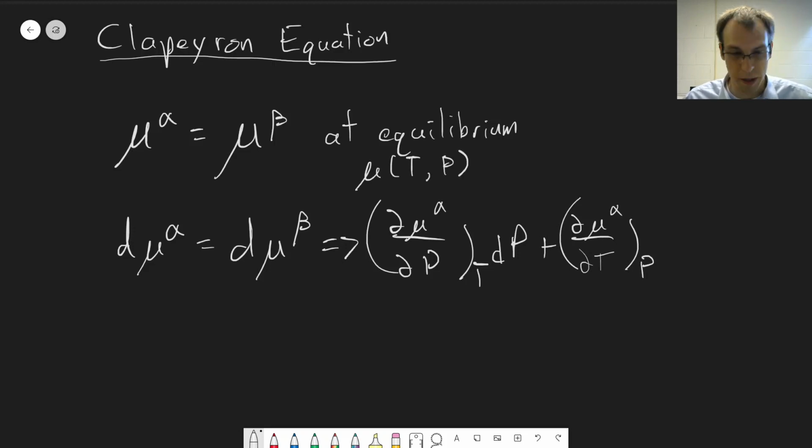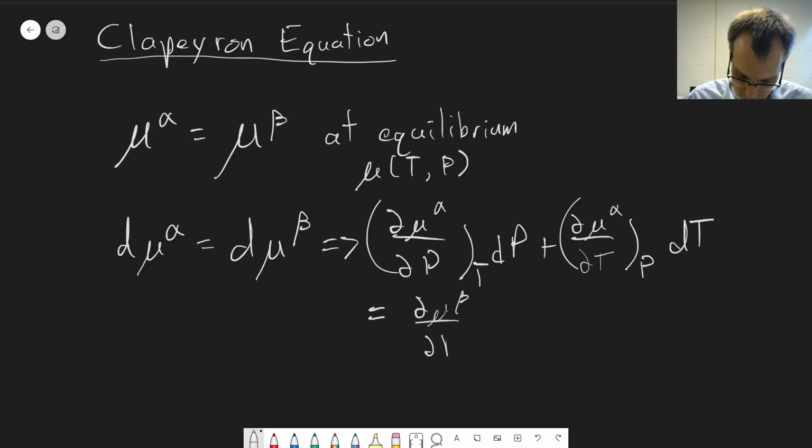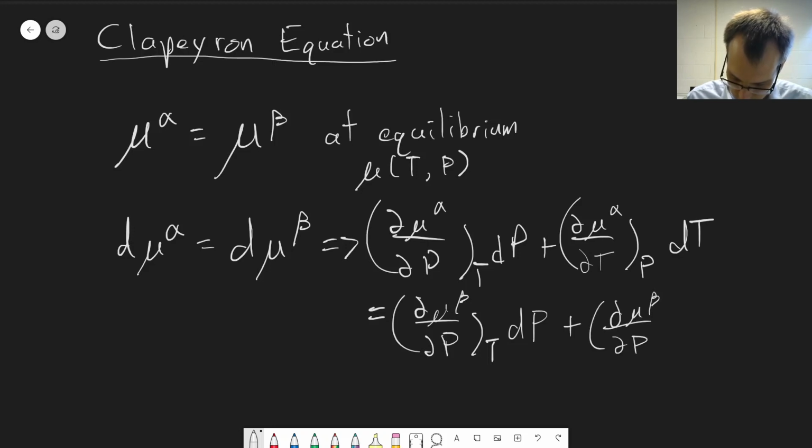We're just writing out the total differential. This is times dT. This is equal to the same thing, but for mu beta. Plus d mu beta dT, constant P, dT.